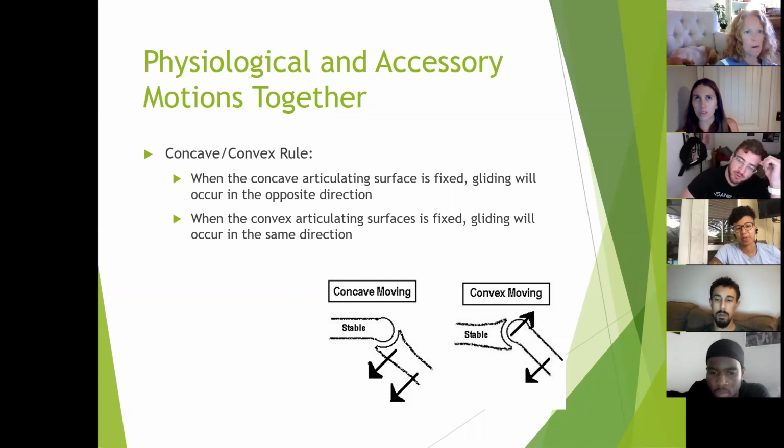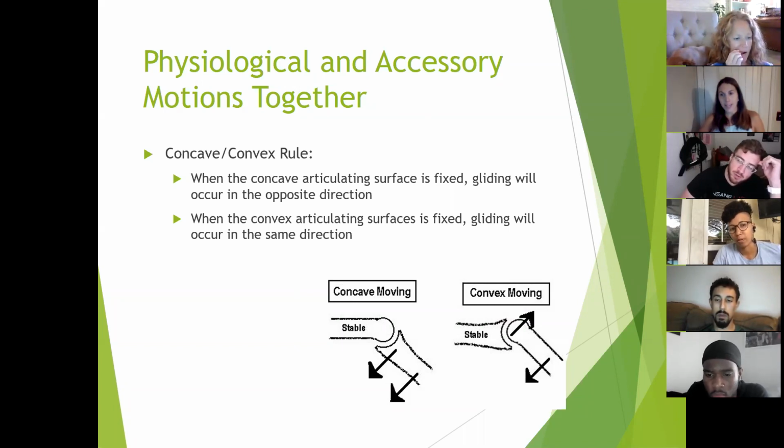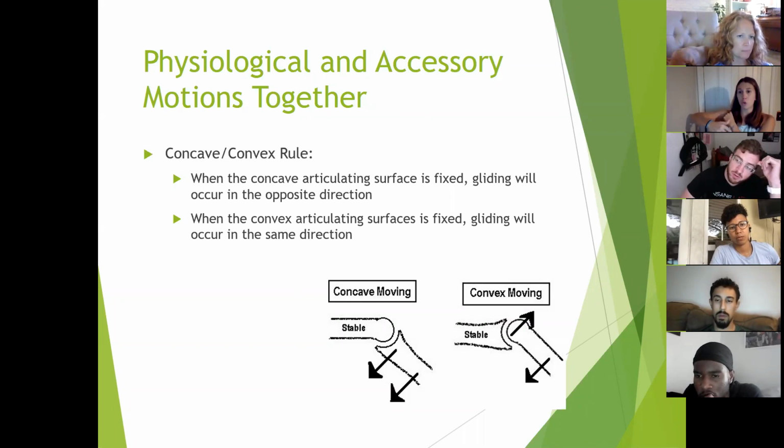Yes and no. So think of it this way. If I am adducting, so I'm adding my humerus or my arm to my body, what's going on in my bone is going to be opposite of what's going on in my joint. So as I adduct my arm in my shoulder socket, that joint is actually gliding oppositionally so that there's no pinch.